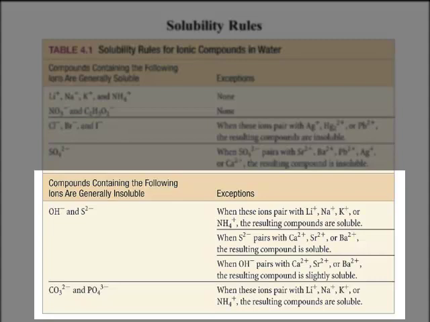If you have hydroxide or sulfide, you can put down a solid for that form unless it's one of those exceptions. So if lithium, sodium, or potassium are combined with hydroxide, it's going to be soluble. If calcium, strontium, or barium is combined with the sulfide, that's going to be soluble. It's going to be aqueous. Okay? And then carbonates and phosphates are going to be insoluble. They'd form solids, except for those things listed there.